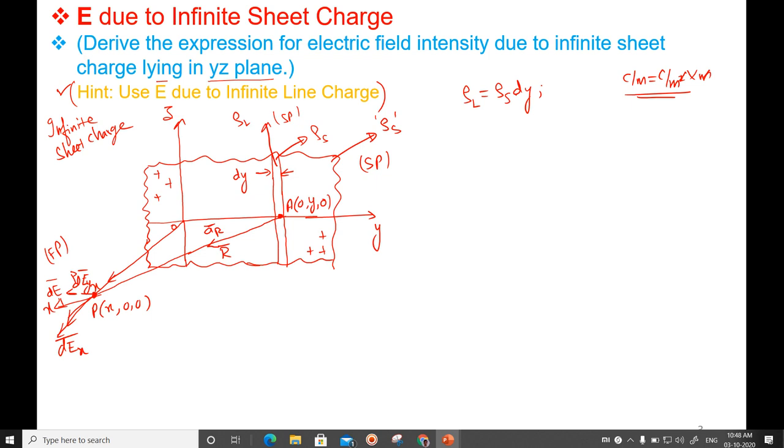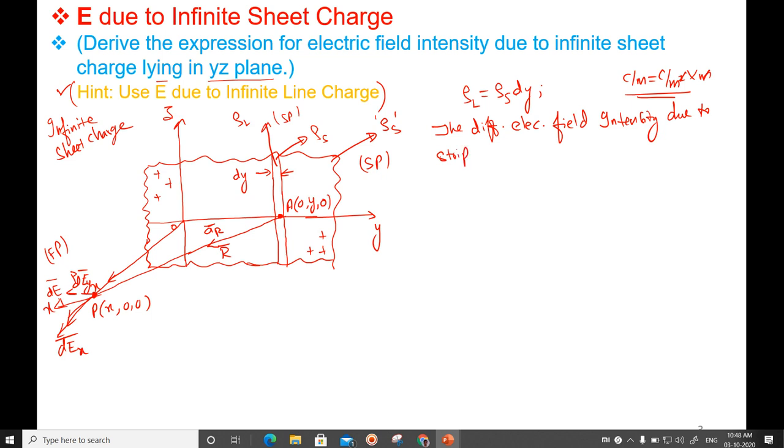Is it fine? Yes. Then the differential electric field intensity due to this strip, the smaller one, this strip can be treated as an infinite line charge.